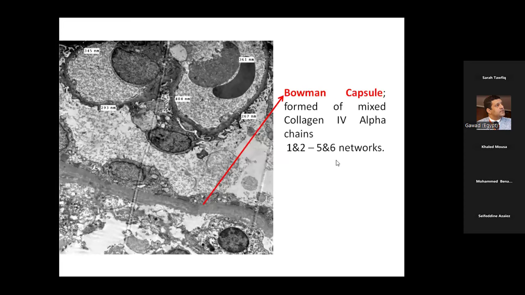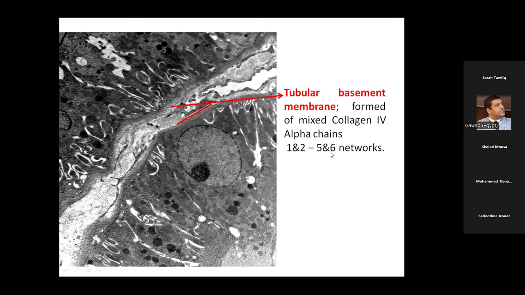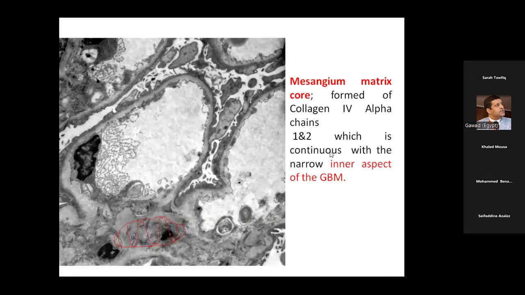What about the rest of collagen 4 in the glomerular tuft? It is present also in the Bowman capsule, but it's not collagen 4 alpha chain 3, 4, and 5 as in the glomerular basement membrane; we will find collagen 4 alpha chains 1, 2, 5, and 6. The tubular basement membrane also has collagen 4 alpha chains 1, 2, 5, and 6.